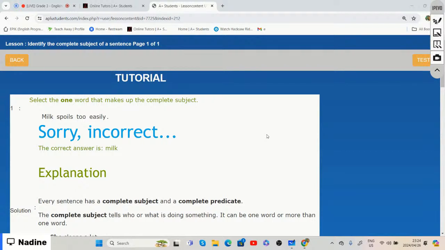So before I go on to the test, does everybody understand what a subject is? Can at least have an indication that everybody knows what a subject is before we move on.